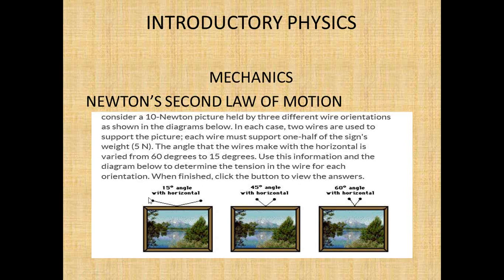Okay, so for the first case, we know that each of these cables is going to support a 5 Newton weight, right? The total weight of the frame is 10. So what you need to do is, let's draw them out. The tension in this wire, okay, so this wire is making a 15 degrees angle with the horizontal. So let's draw the horizontal.